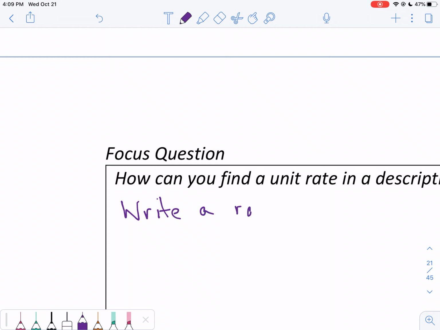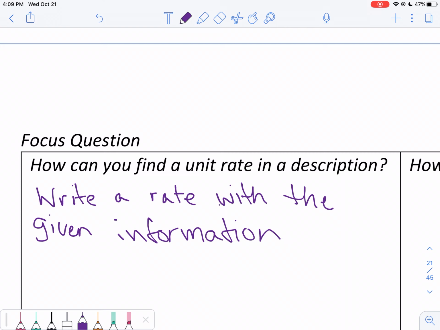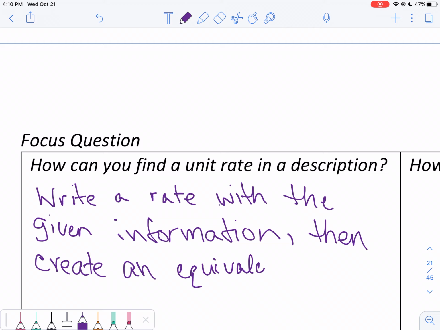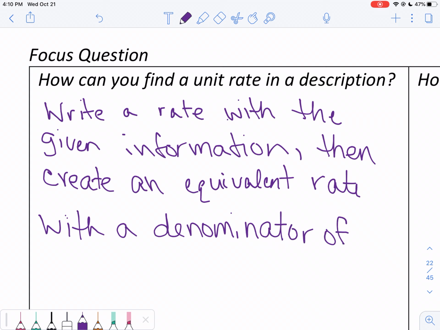So write a rate with the given information, then create an equivalent rate with a denominator of 1.